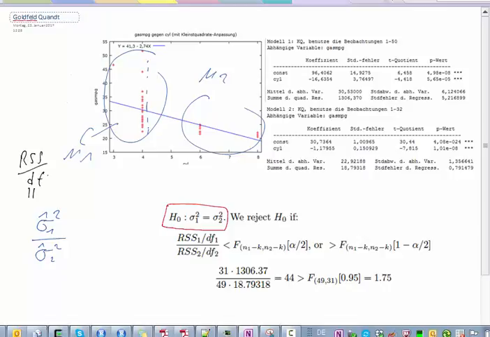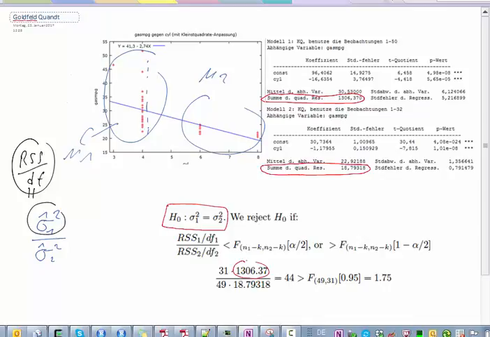Now, we should all know that sigma 1 hat squared is simply the variance, which is the residual sum of squares divided by the degrees of freedom. Why is that useful? Because sigma 1 is not given in the output, but we do have the RSSs.